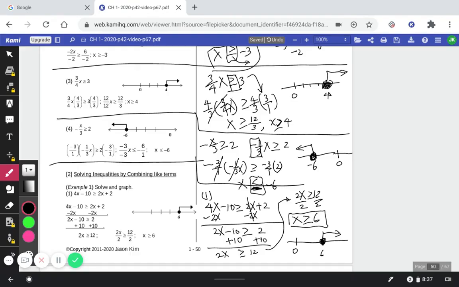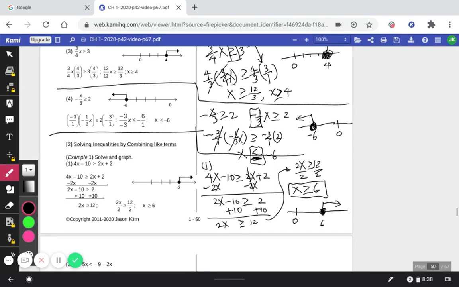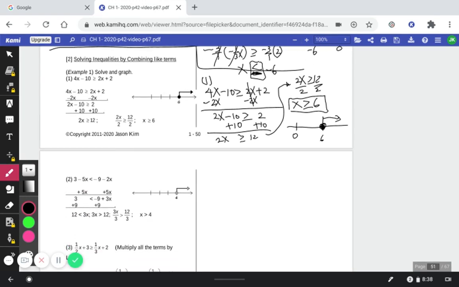Bigger means moving to the right, and less means moving to the left. Not including that dividing by a negative means changing the direction of the sign. So let's do one more question.